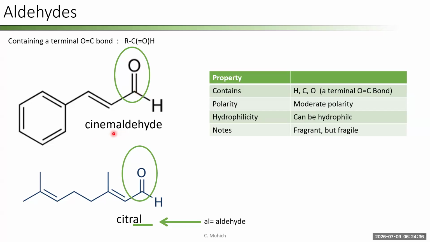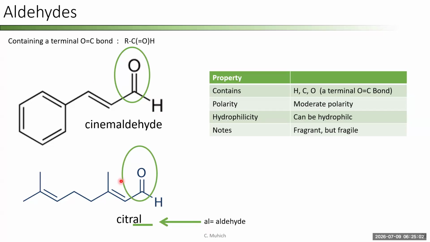Here we can see this in cinnamaldehyde and citral. We can either write this out and say cinnamaldehyde, or we can write citral, and that al is going to indicate that it's an aldehyde. These are moderately polar and can be hydrophilic and are generally fragrant.